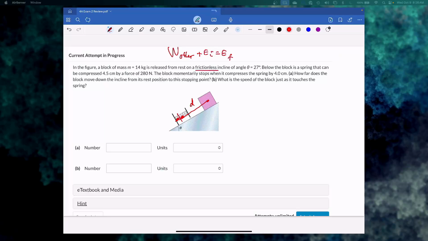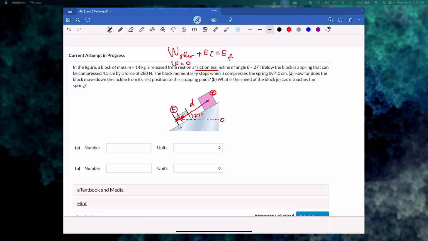So that means work other is 0. Okay. So I now need to define an initial point and a final point and a 0 for gravitational potential energy. I'll put the 0 for gravitational potential energy right where the box stops, right? The lowest point that the box gets in the problem. So because I drew that line, I know that this angle is also 27 degrees.